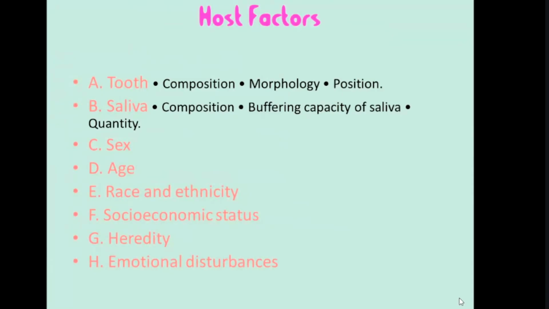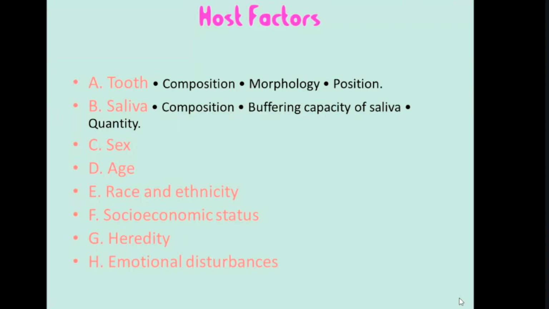Host factor sometimes has the responsibility for dental caries, like tooth, saliva, gender, age, race and ethnicity, socioeconomic status, hereditary. Socioeconomic means the lifestyle of the person, his nutritional habits, heredity also, and emotional disturbance.